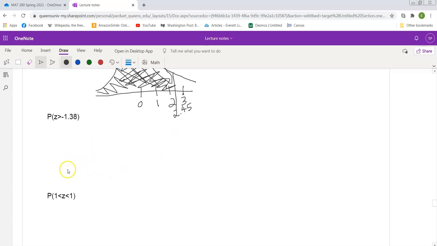So what if I wanted to do a greater than probability? There's 0 in the middle, negative 1, negative 2.